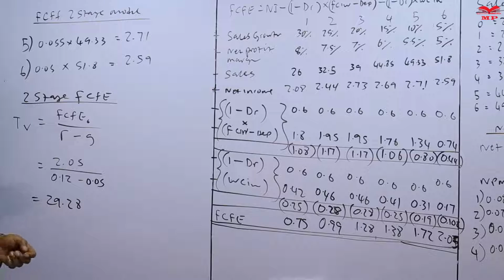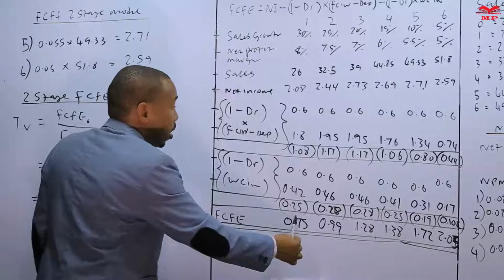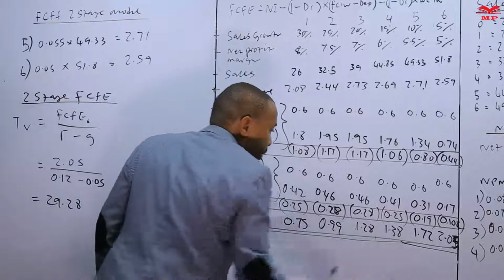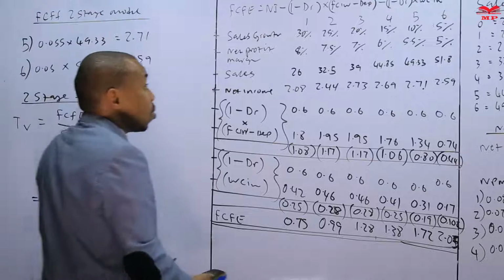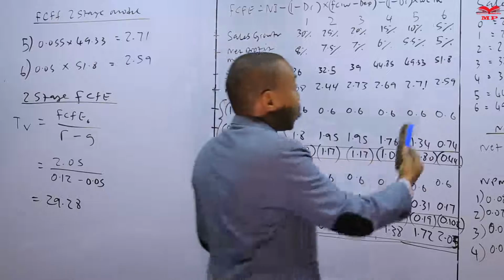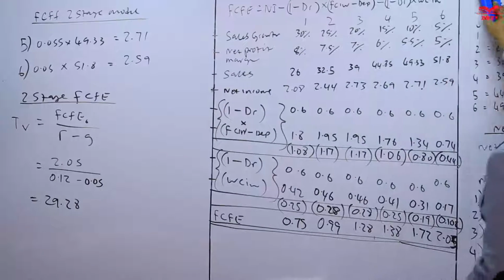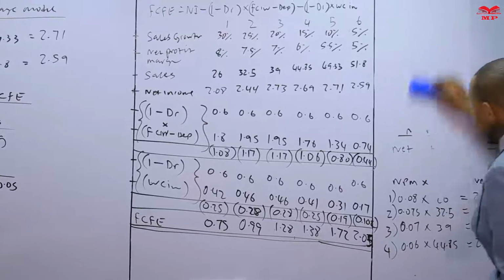Once we have the 29.28, what we are supposed to do now is to discount these values from year 1, 2, 3, 4, and 5 based on the appropriate required rate of return. So I don't want to rub this part, so if you allow me, I can come on this other side here.